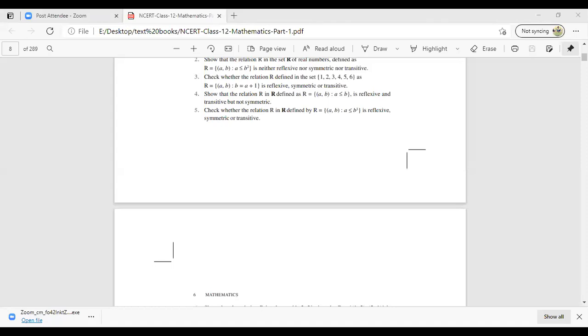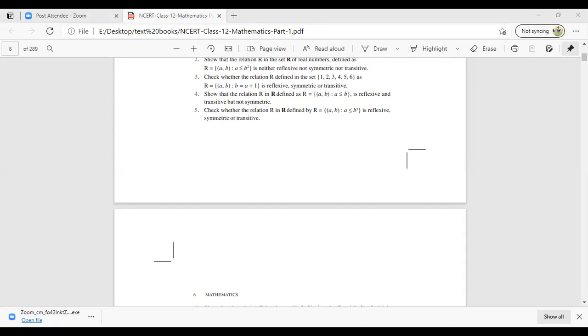Question number 5 of exercise 1.1. Reflexivity. Here, again, you should check first: A is the set of real numbers, meaning all numbers are included here. If it is written capital R here, this capital R shows that it is the real number set.